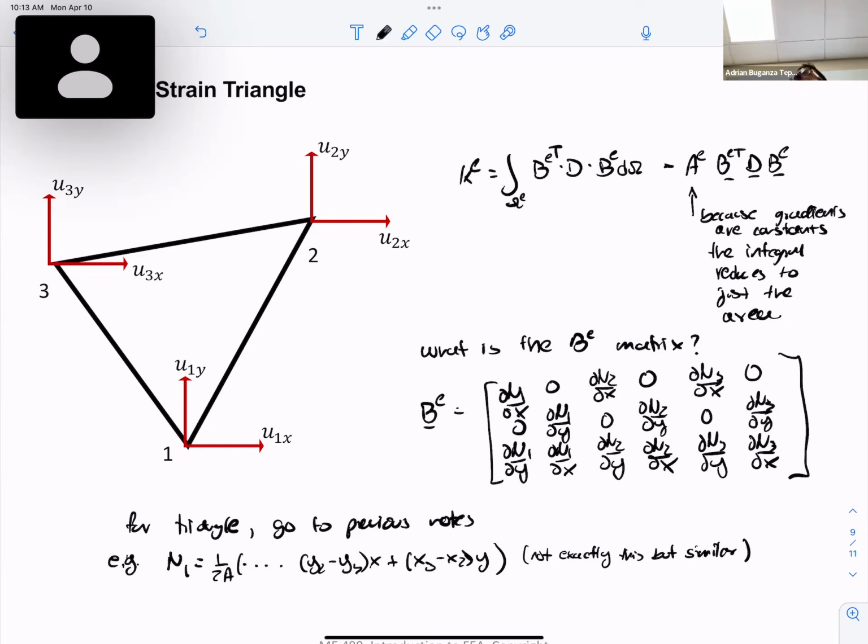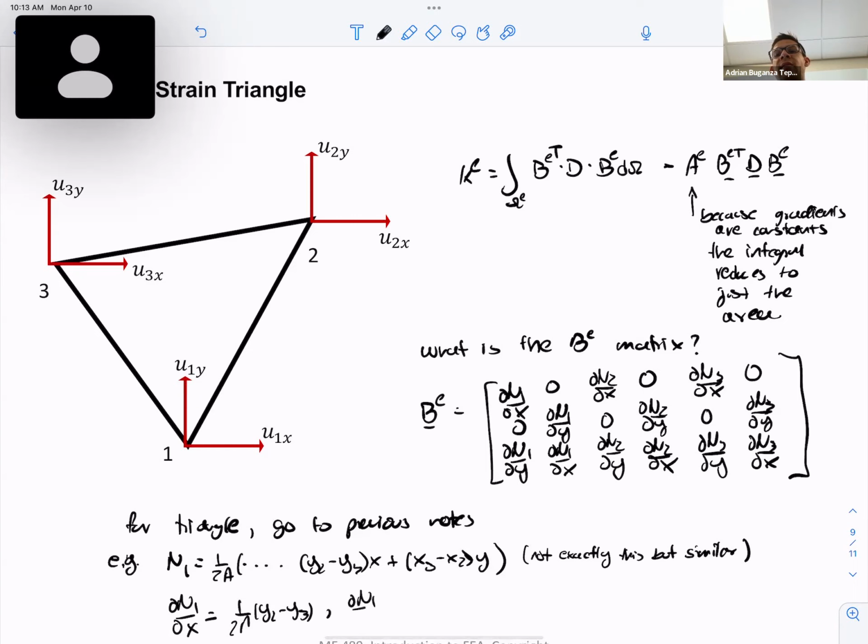That's what the first shape function looks like for the triangle. If you take the derivatives, they are pretty simple. For example, dN1/dx is probably just 1/2 area times y2 minus y3, or y3 minus y2, something like that.